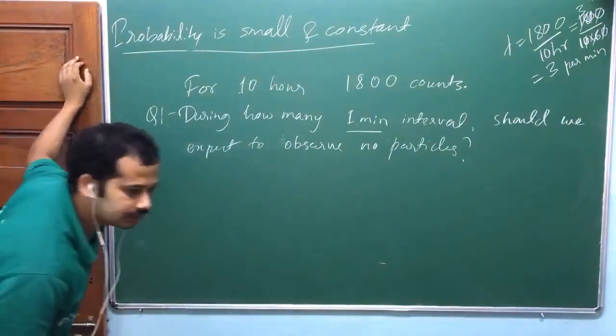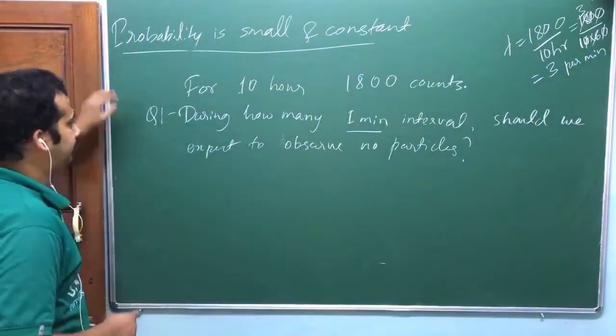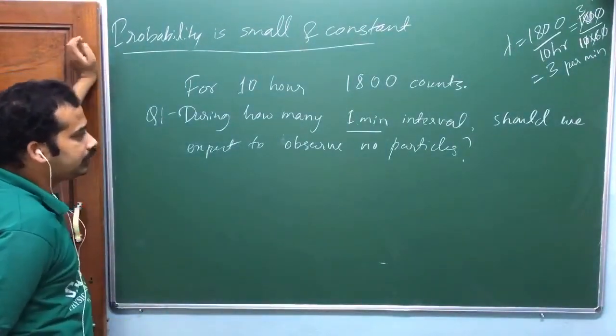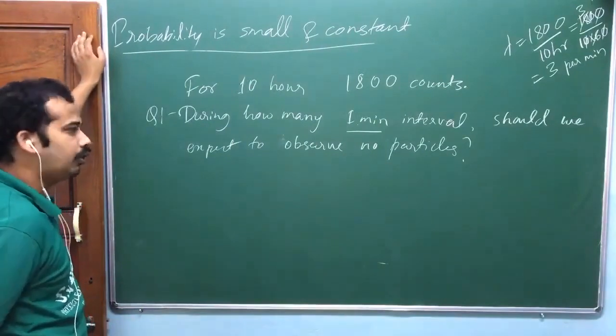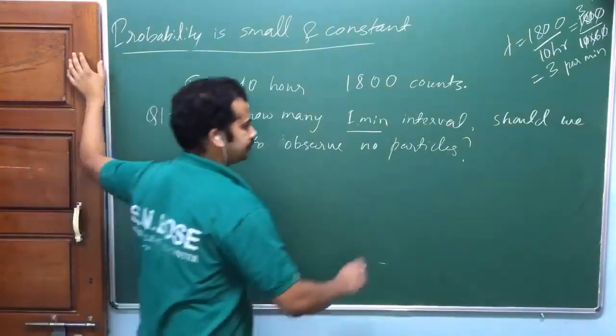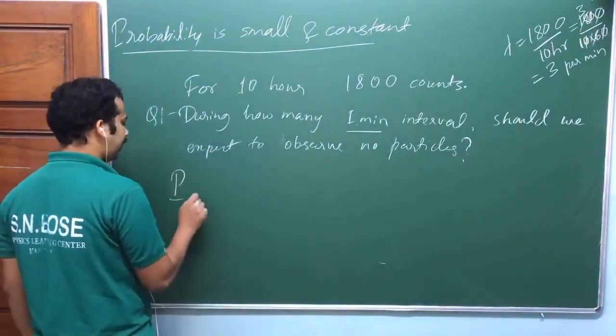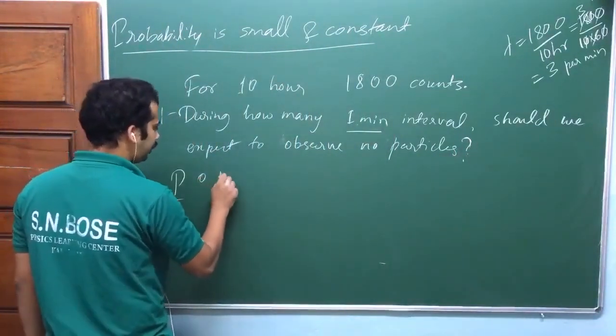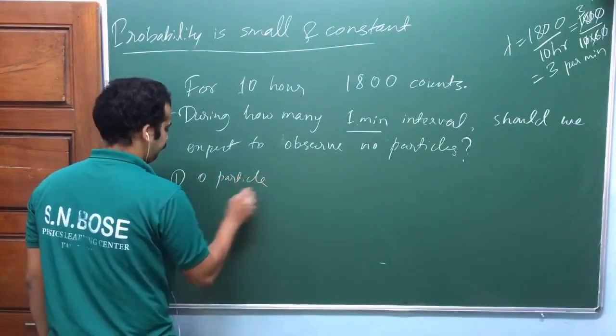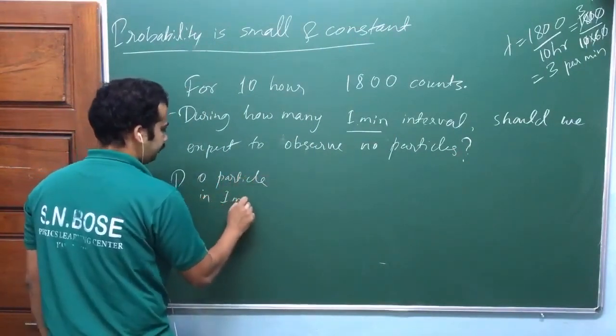Yeah, you were asking something. During how many 1 minute intervals should we expect to observe no particle? That's what he is asking. First, we shall find out this probability: the probability of observing 0 particles in 1 minute.